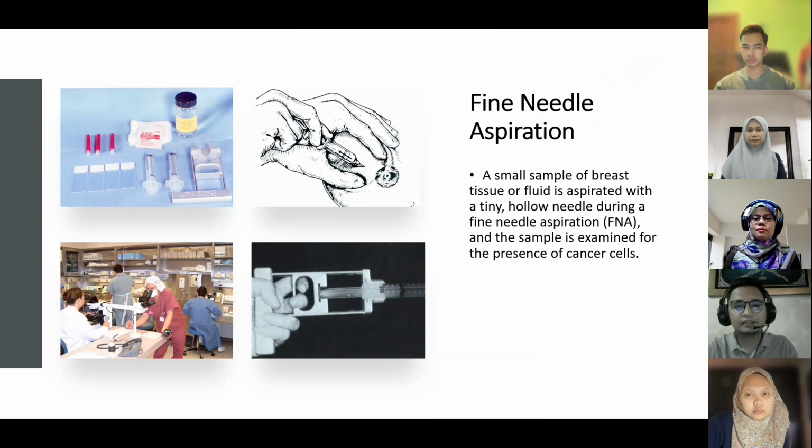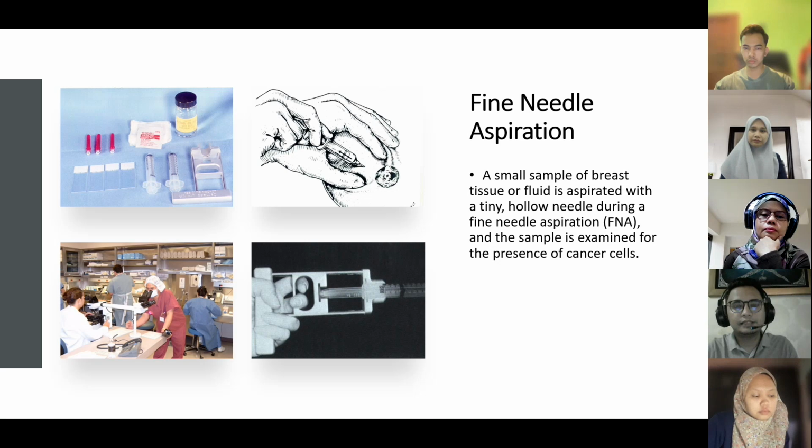And the next step is fine needle aspiration. From the ultrasound, the changes can be aspirated in this procedure. Fine needle aspiration takes a small sample of breast tissue or fluid with a tiny hollow needle.